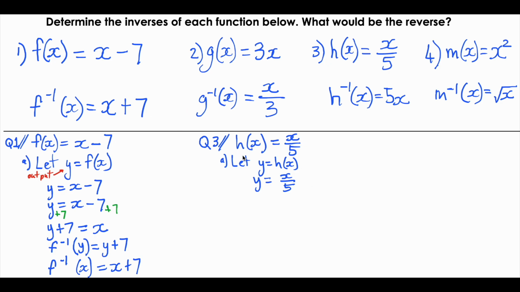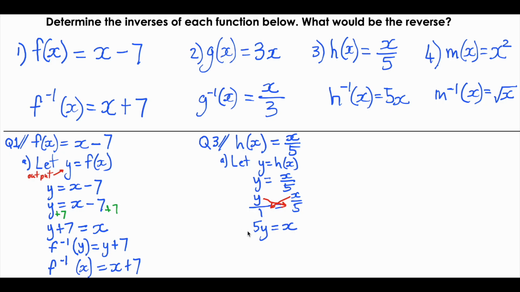Another way we could think of it is as cross multiplication. So you could almost say, okay, let's put y as a fraction. Anything as a fraction is itself over 1, which is equal to x over 5. Now I can cross multiply, so that means y times the 5 and x times the 1. So I'll get y times 5, which is 5y, is equal to x times 1, which is x.